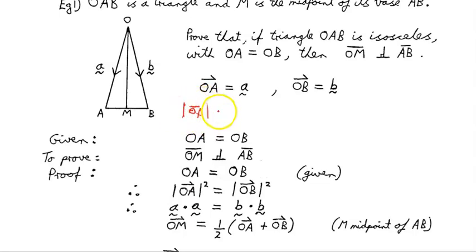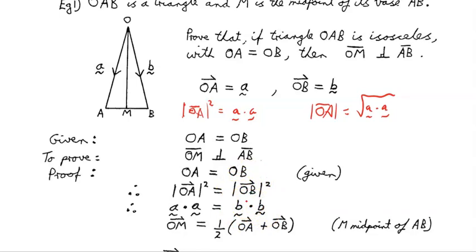Remember, the magnitude of OA is the square root of a dotted with a, so the square of it just removes the square root. Similarly, the magnitude squared of the vector OB is simply b dot b.